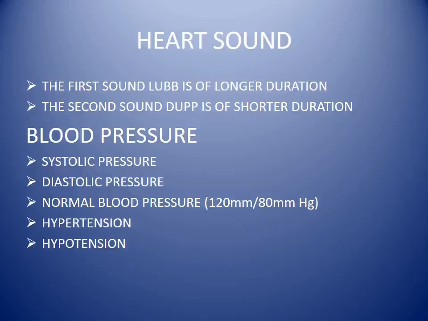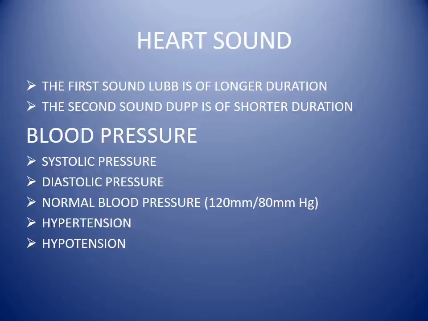After that it goes into the arterioles, a little less, then capillaries, then becomes very low in veins. So blood pressure is usually expressed in terms of systolic pressure and diastolic pressure. Two types of pressure: systolic pressure and diastolic pressure.